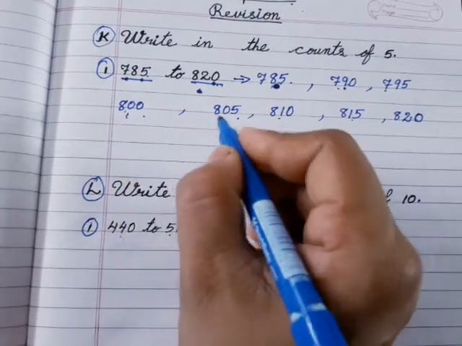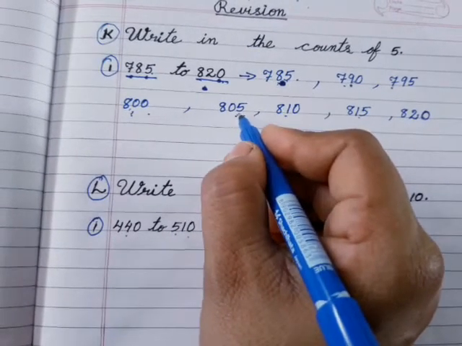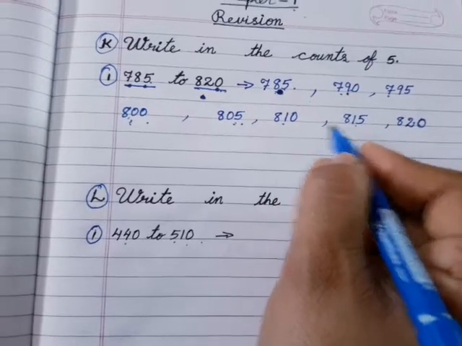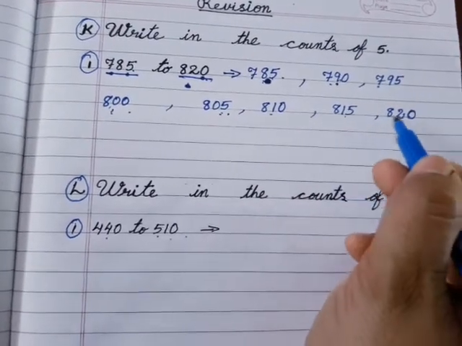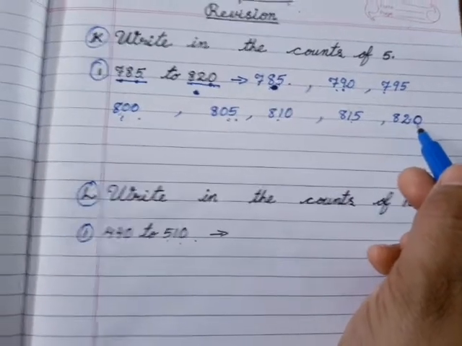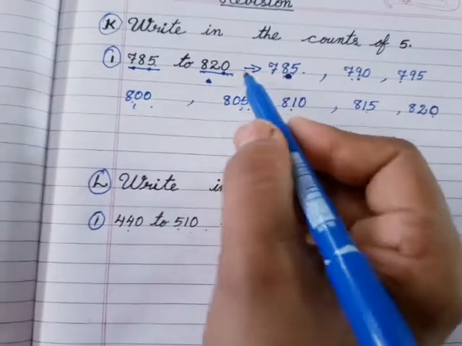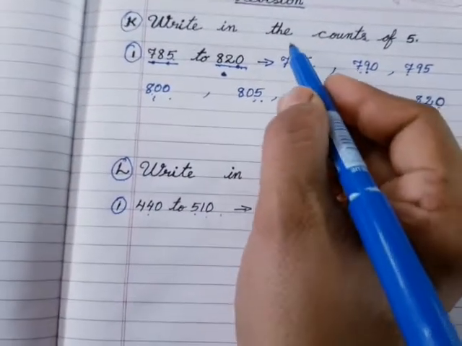Then 800 plus 5, 805, 805 plus 5, 810, 810 plus 5, 815, 815 plus 5, 820. See, your question is 785 to 820.